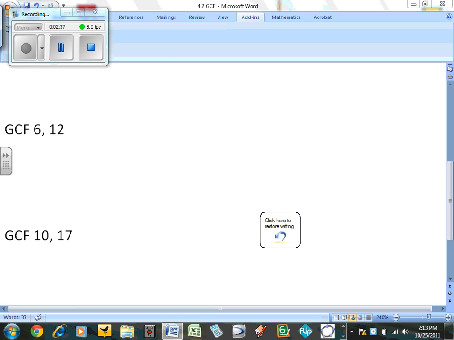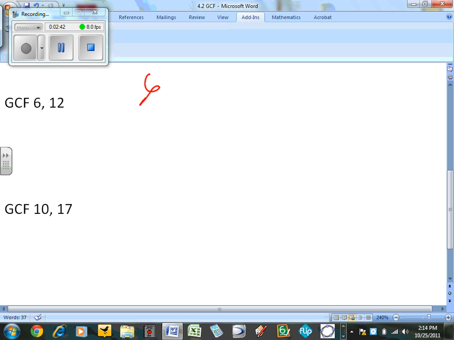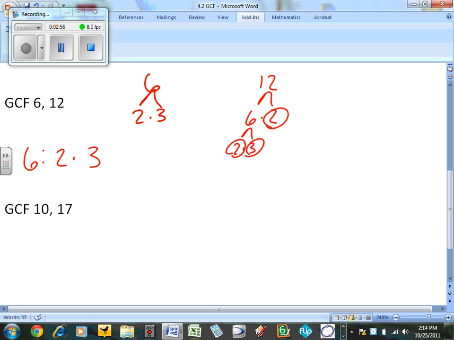Again, we can do the same thing for 6 and 12. We break them down into prime factorization. 6 is 2 times 3, and 12 is 6 times 2, then 2 times 2 times 3. So 6's prime factorization is 2 times 3, and 12's prime factorization is 2 times 2 times 3.